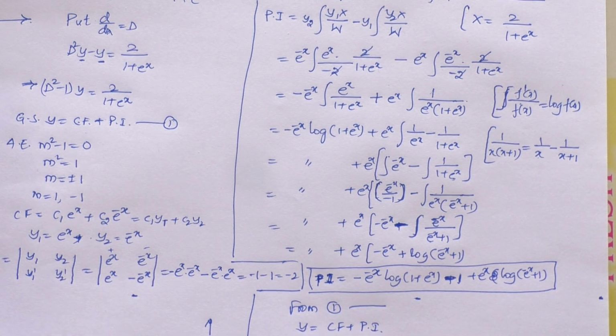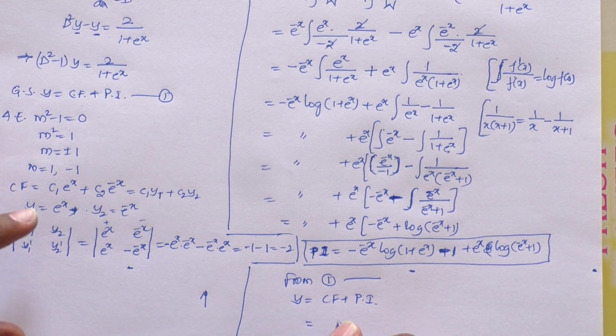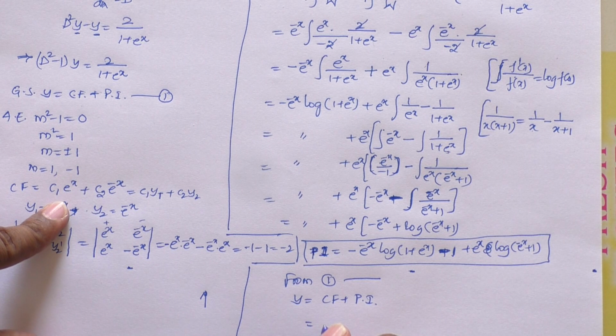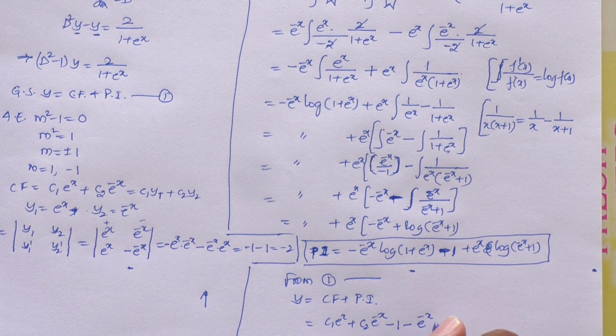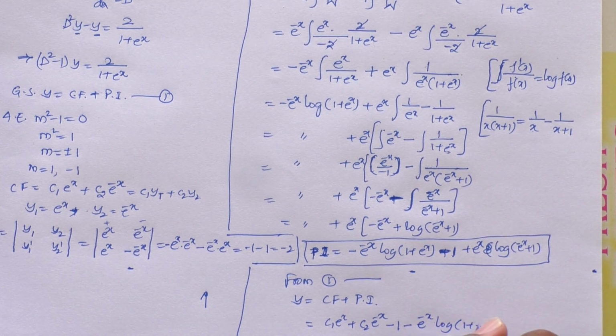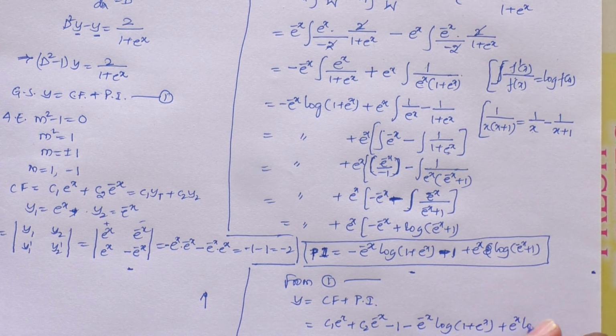Here CF is C1 e raised to x plus C2 e raised to minus x, minus 1, minus e raised to minus x log of 1 plus e raised to x, plus e raised to x log of e raised to minus x plus 1.